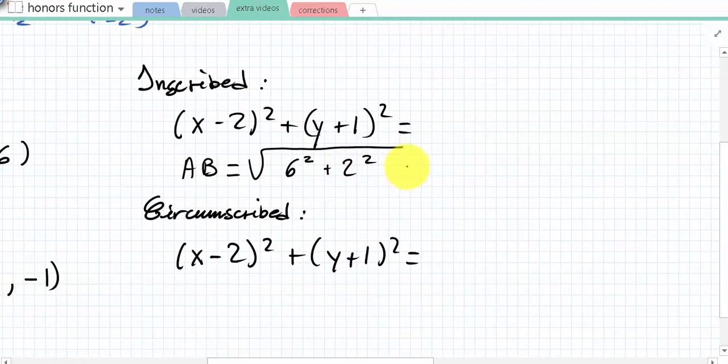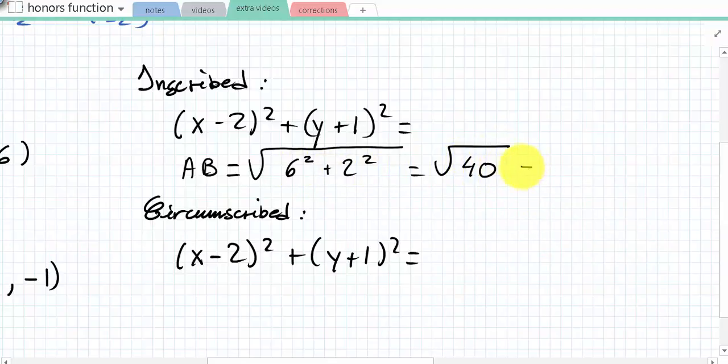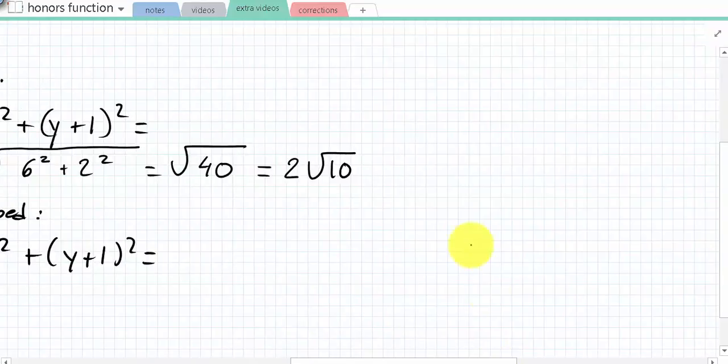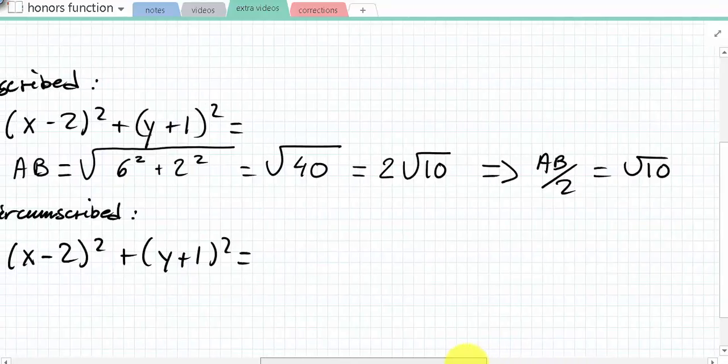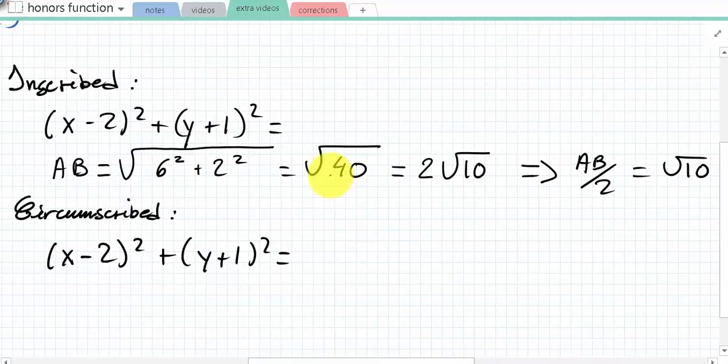So it is the square root of 36 plus 4, 40. Square root of 40, but you have to divide it in 2. So let me take a 4 out, which is 2 root 10. And if you divide that in 2, AB over 2 is just root 10, right? And this is half the length AB, so this is your radius of the inscribed circle, and therefore the equation is x minus 2 squared plus y plus 1 squared equals 10. Here we go.